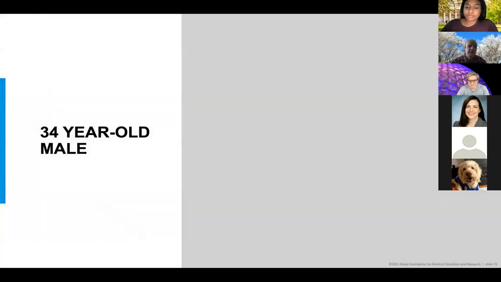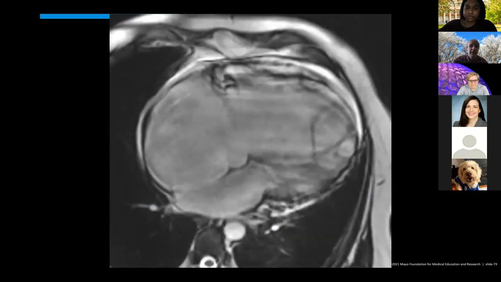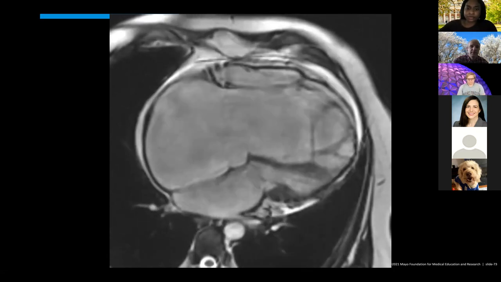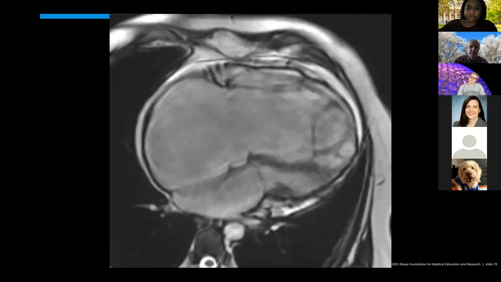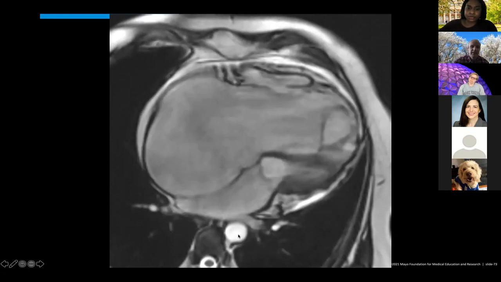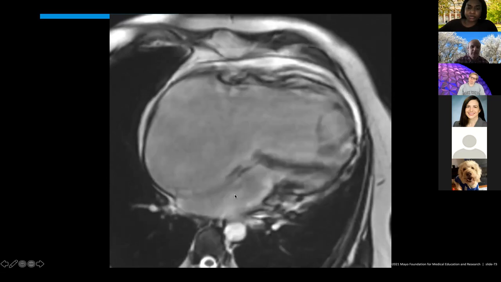Okay, the next case is a 34-year-old male who has heart failure. This is a 4-chamber cine view. Anterior, posterior, here's the spine, here's the descending aorta, left atrium, left ventricle. They are relatively normal.